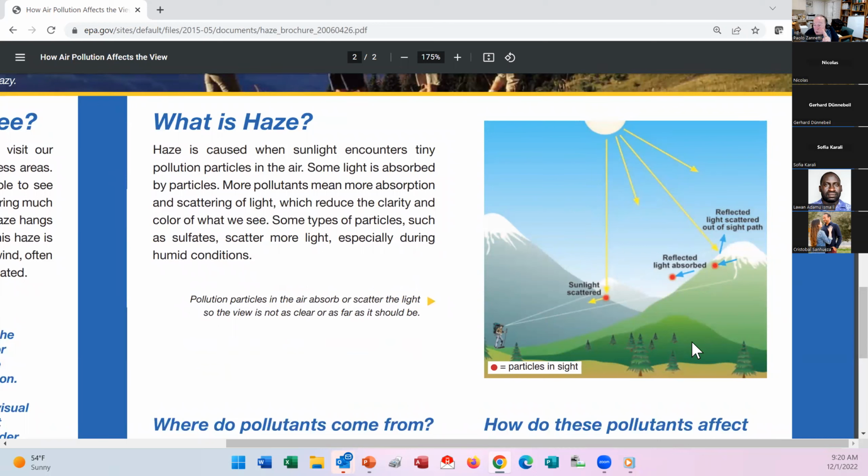So air pollution has two main functions: removing some of the light that you want to see and adding some of the light that you don't want to see, because it's scattered light that actually damages the view of your object. So absorption, reflection, scattering.